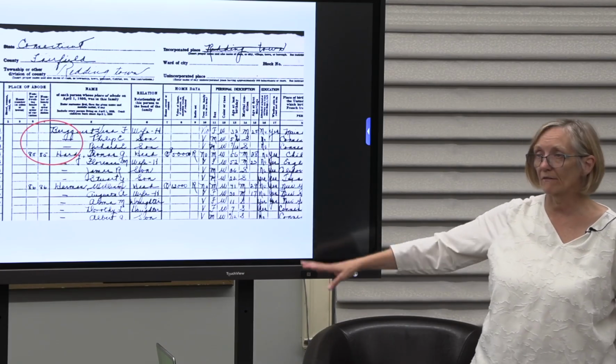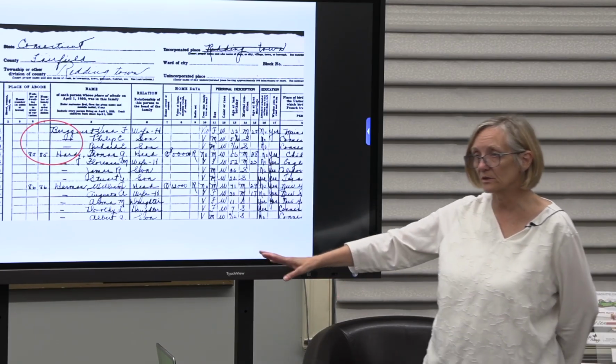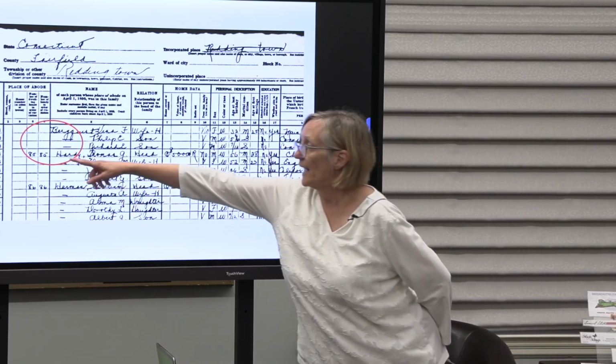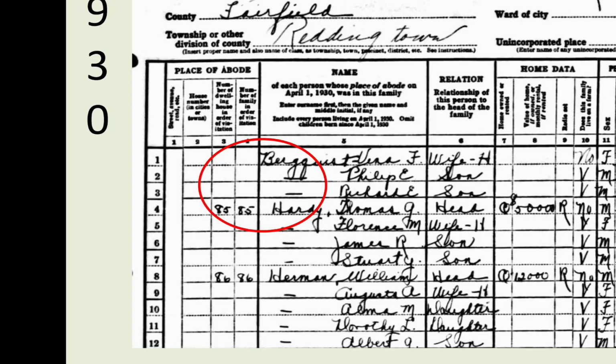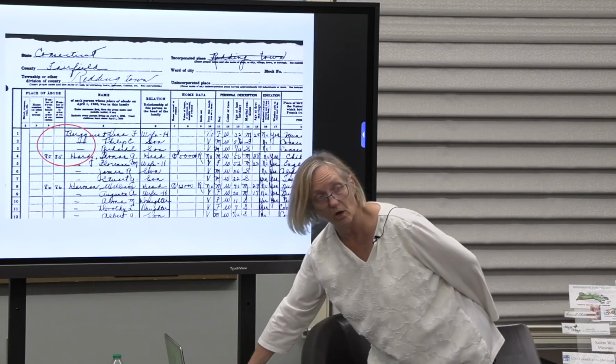Now this is a very rural town in western Connecticut, 85, 85, 86, 86. These are single family homes. I'm going to show you one later for an apartment building, and there's going to be a whole lot of people who only have one number, right? Because they're all in the same building.